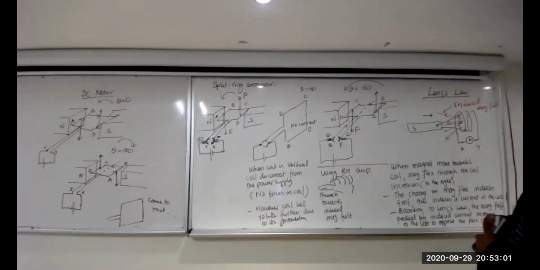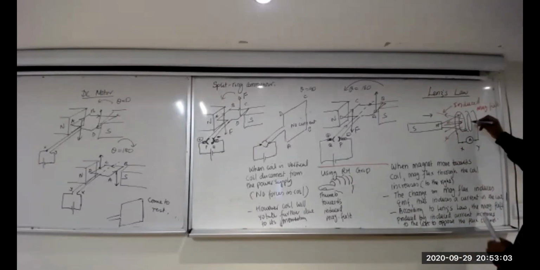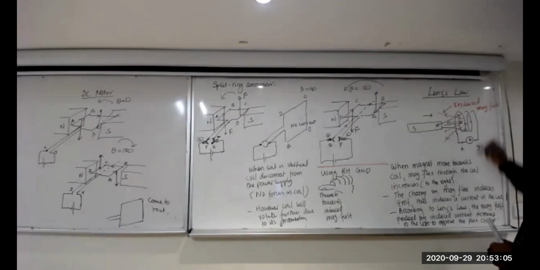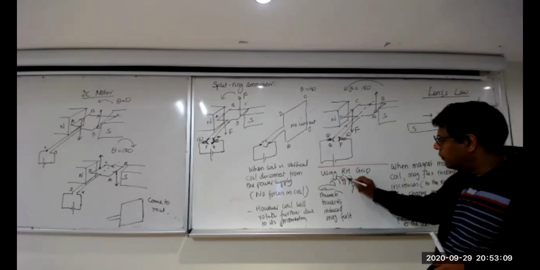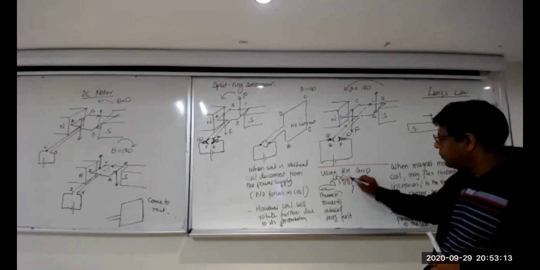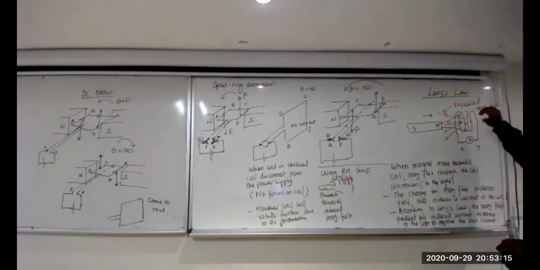Then you can figure out what direction the current should be flowing. So that's the direction of the current flow. Like that. And then you can trace back here.